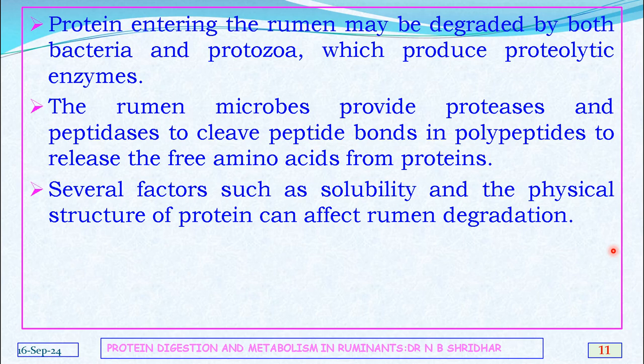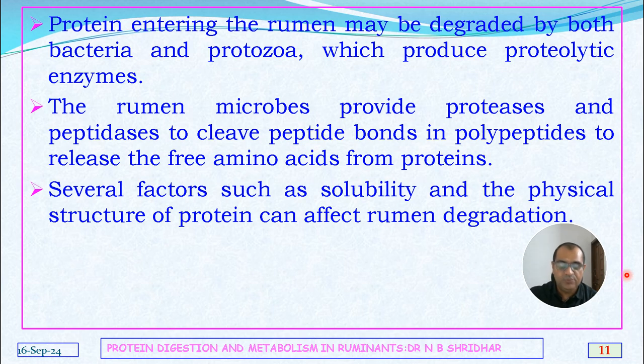These are also important sources of protein, but the solubility differs among the different types of proteins. So rumen degradable and rumen bypass proteins are seen differently in different animals.